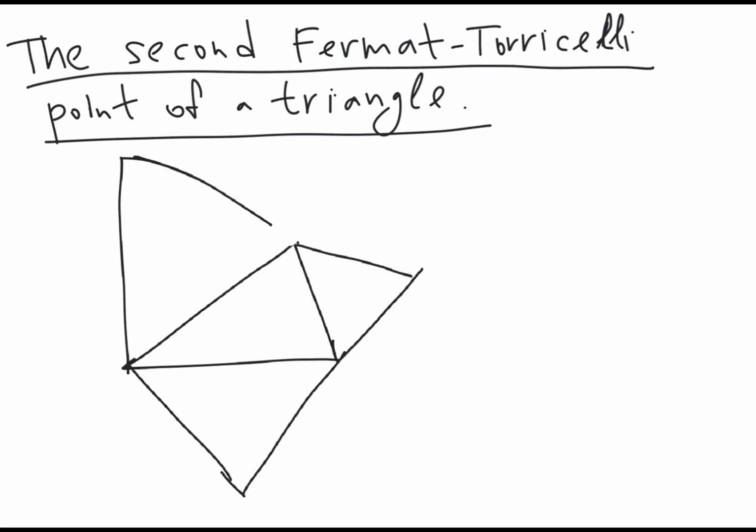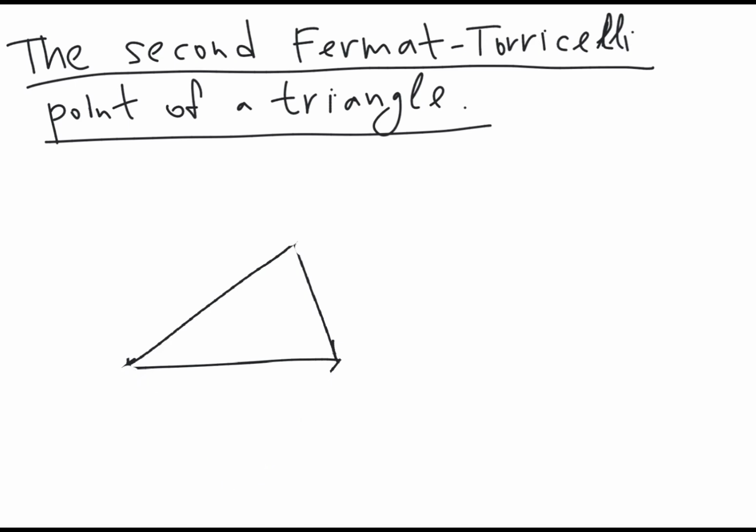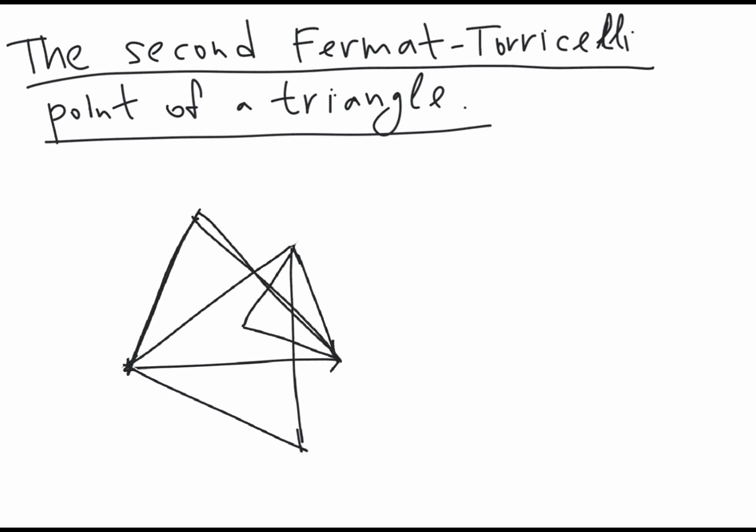So instead of this we construct them to the opposite side. So this, this and this, right? So these are three equilateral triangles, so let's denote it.